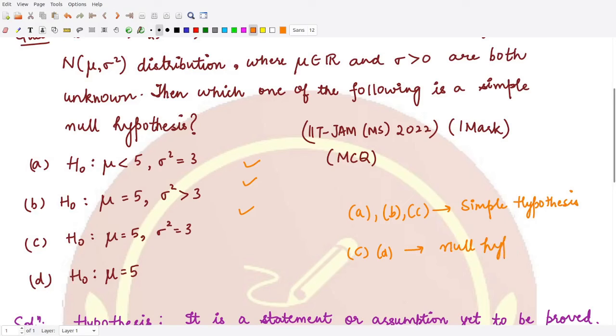Why? Because you have the equality sign here. So combining these two, we have option C as simple as well as null hypothesis. So this is a simple null hypothesis. So which among these is the correct option? So we have only option C as the correct option, right?